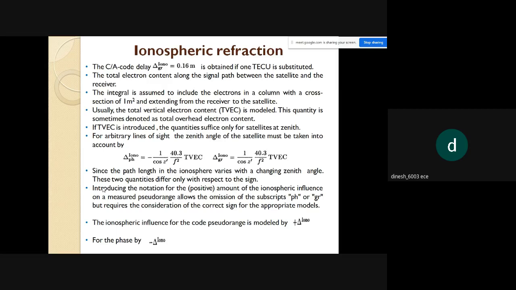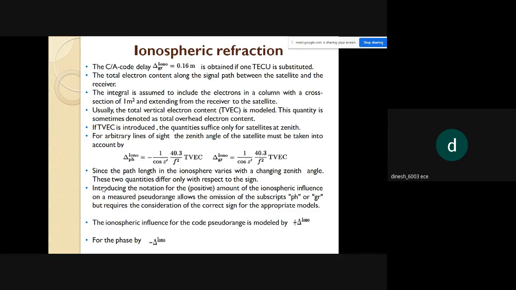So if the path in the ionospheric length varies with a changing zenith angle, these two quantities differ only with respect to signs. You can verify that the phase velocity and the group velocity differ only with respect to sign.